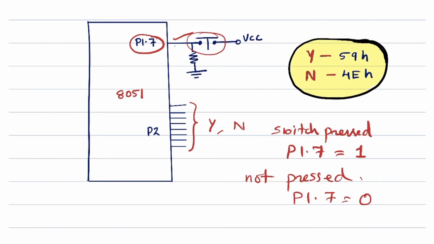Based on this condition, if the switch is pressed, we will send yes or y. If the switch is not pressed, we will send no or n.